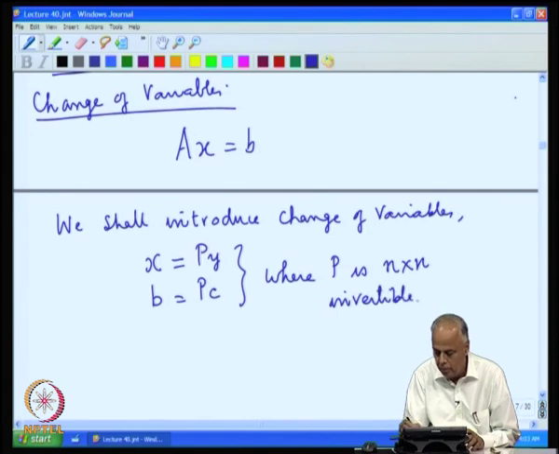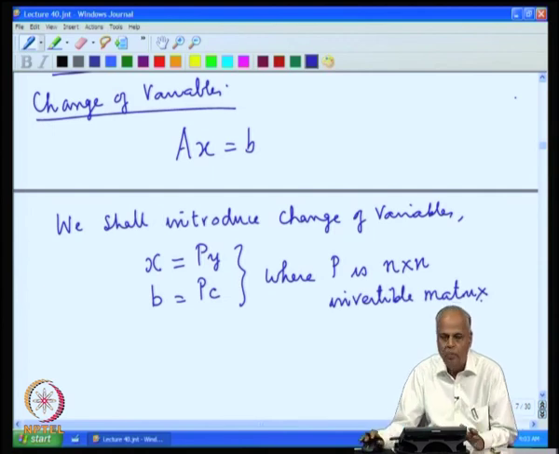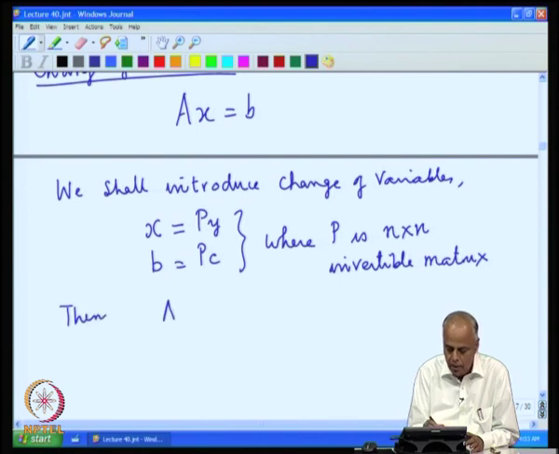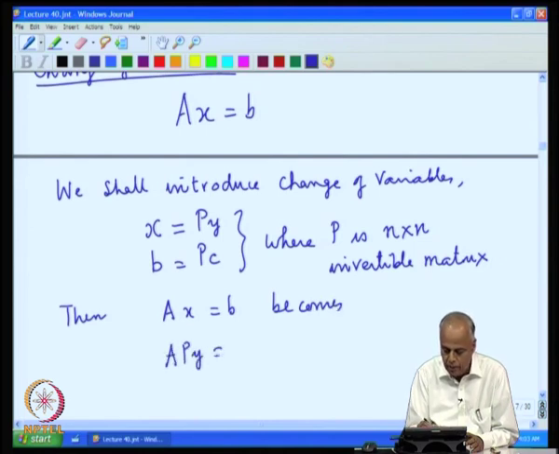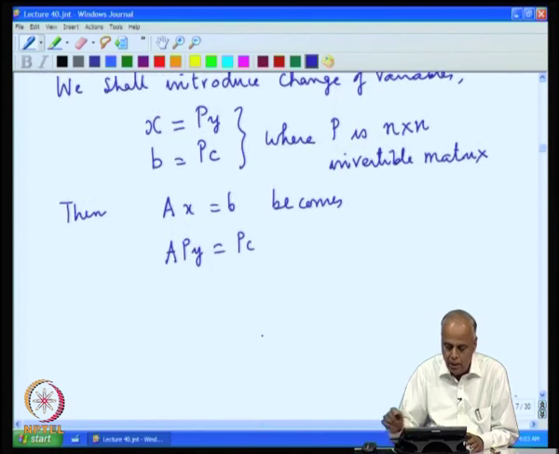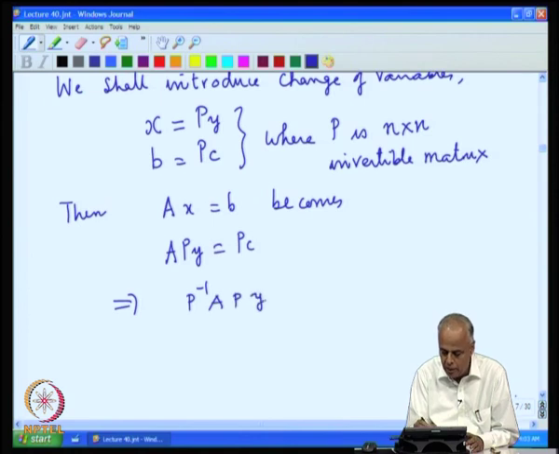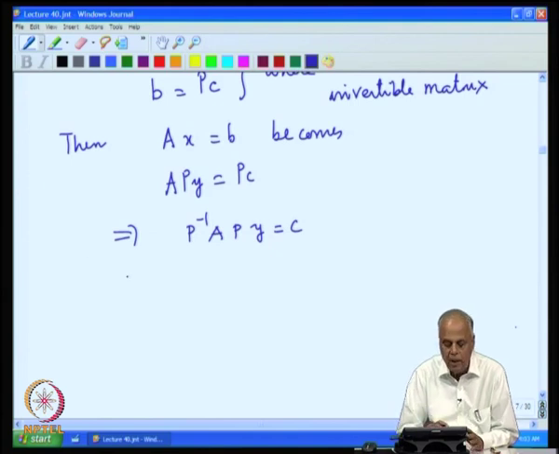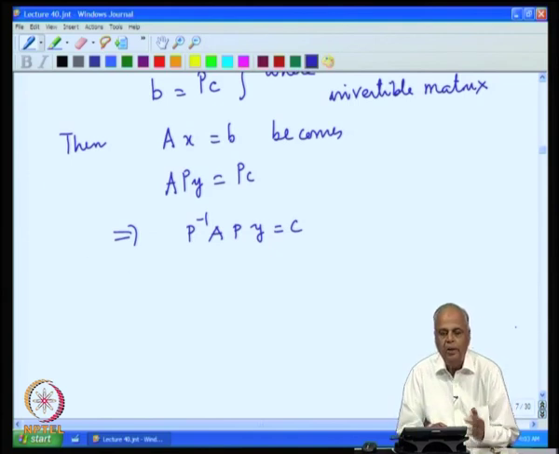We want invertible because from the x variable to the y variable and the y variable to the x variable, we must be able to translate that problem. Then A x equal to b becomes A P y equal to P c, and therefore, P inverse A P y becomes c. So, if we can make P inverse A P diagonal, then we get a diagonal system and we can easily solve it.